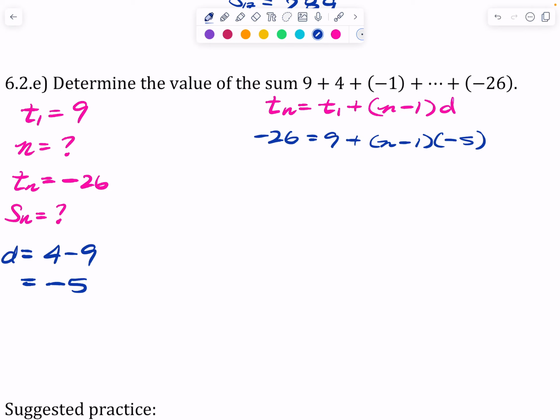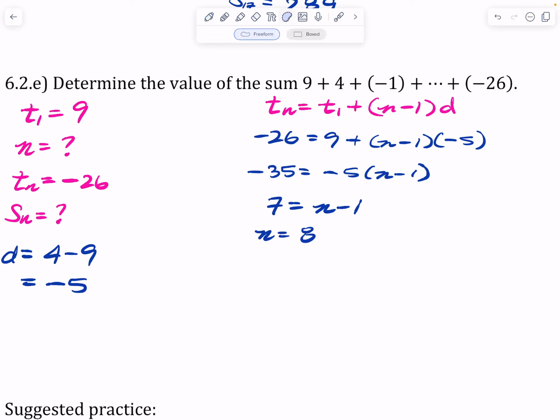If I had gone with positive 5, I would have run into an issue at some point. Anyways, subtracting 9 from both sides gives me negative 35. Dividing both sides by negative 5, we get 7. And then adding 1 to both sides, n is 8.